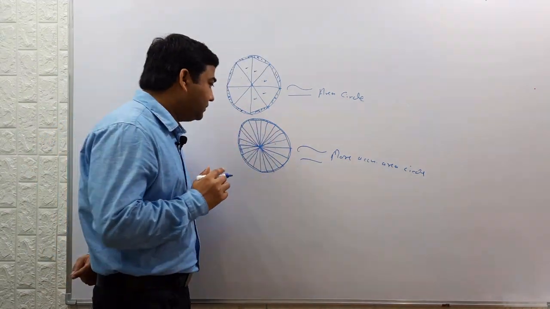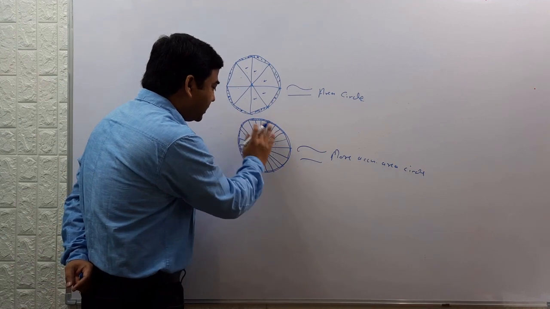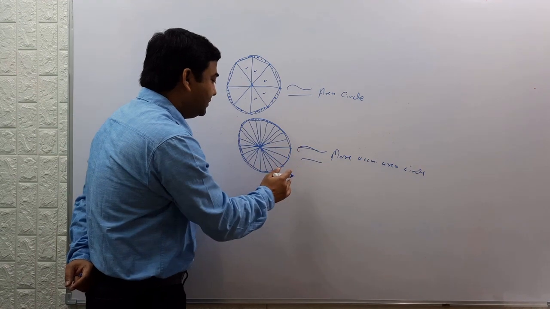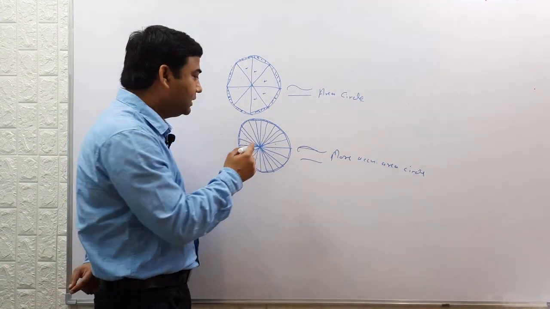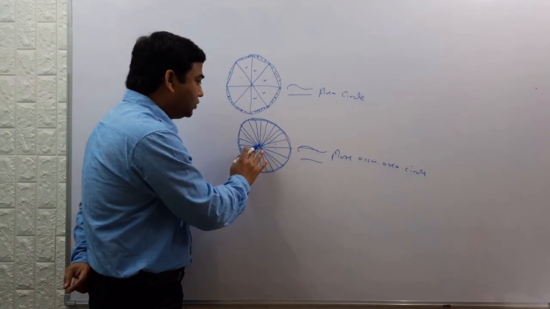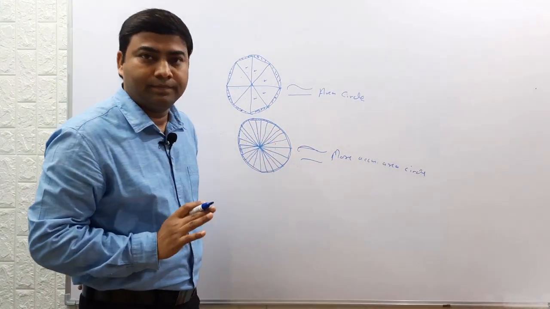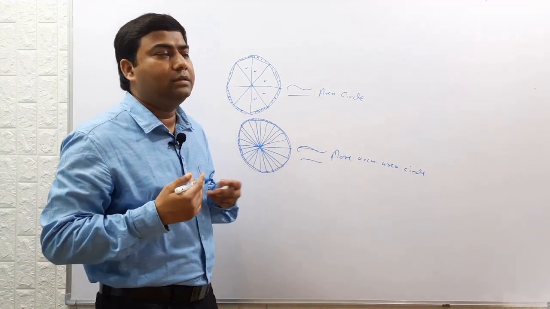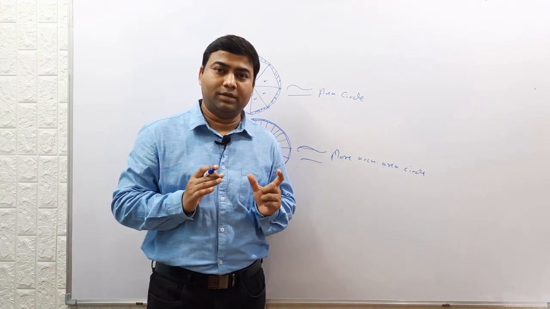But they believed that no matter how many elements we add, practically it is not possible to exactly calculate the area of the circle with this method. They were knowing this, but they agreed, okay, this much error is acceptable.